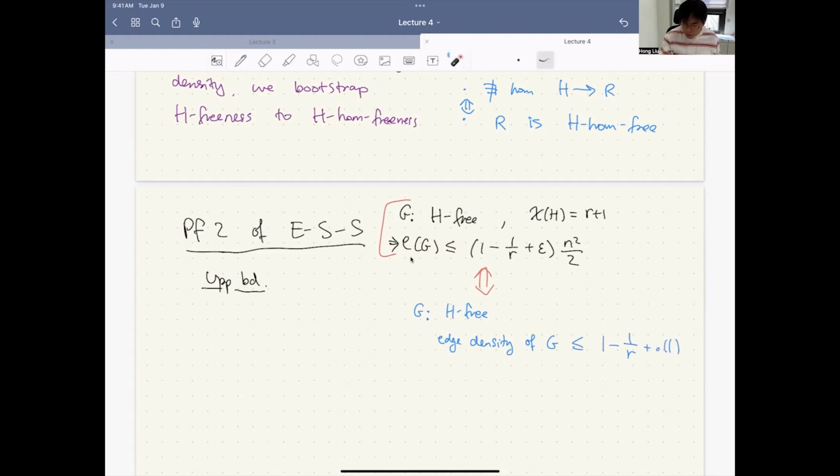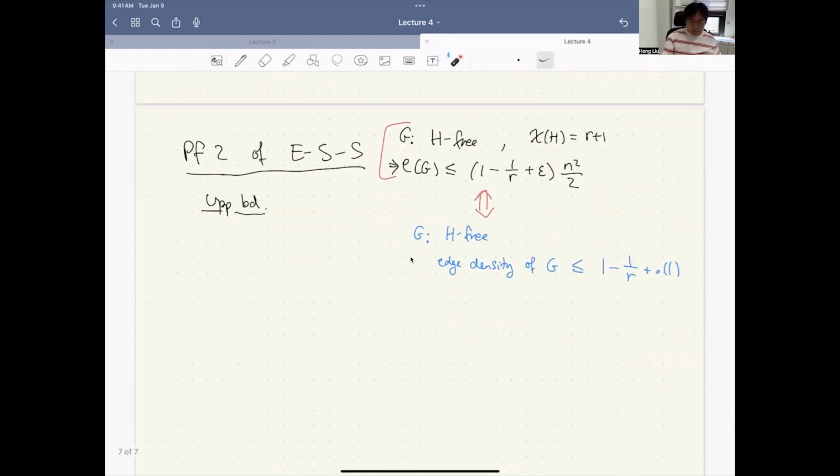Let's just write epsilon as little o1. That's what we want to prove. So how are we going to prove that?